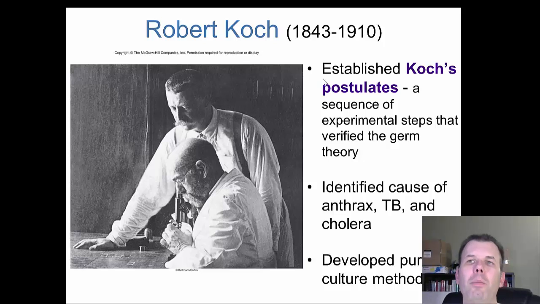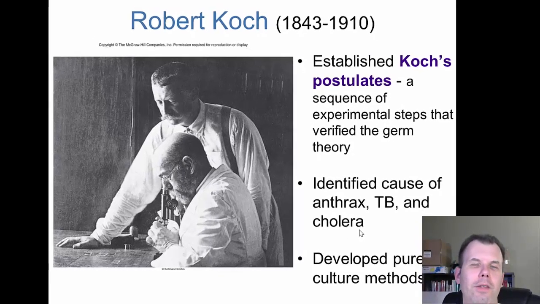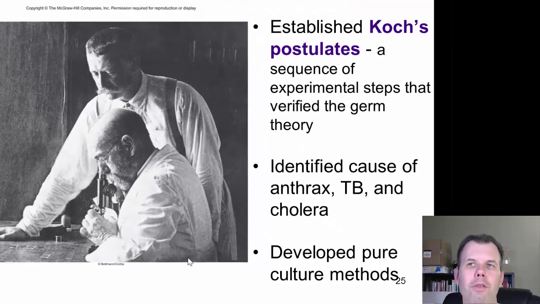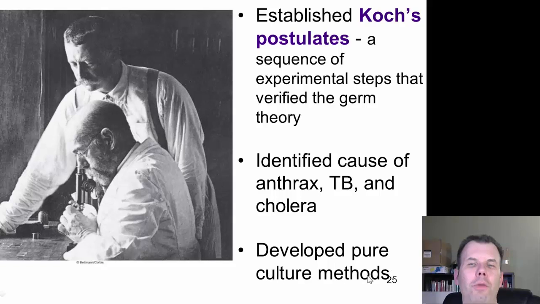Okay. A couple other things that he did: he identified the cause of anthrax, TB, and cholera. So he used his postulates to figure out some of the diseases that people were getting. And then he also developed the pure culture method. So you can blame Robert Koch for making you do microbiology lab.